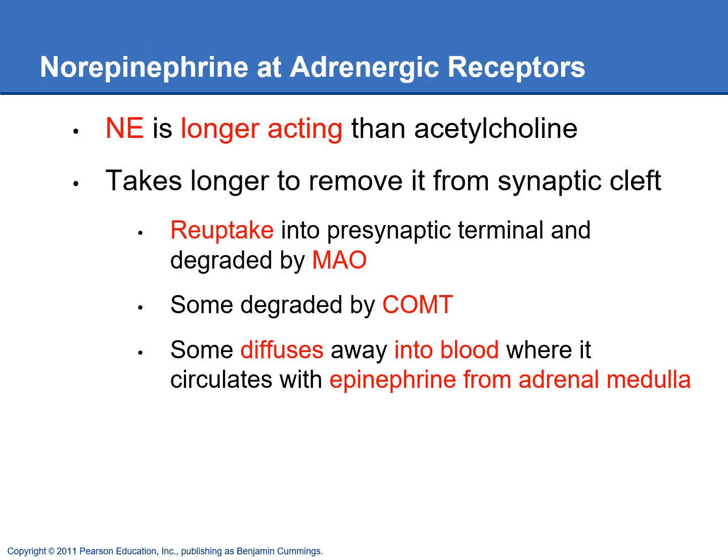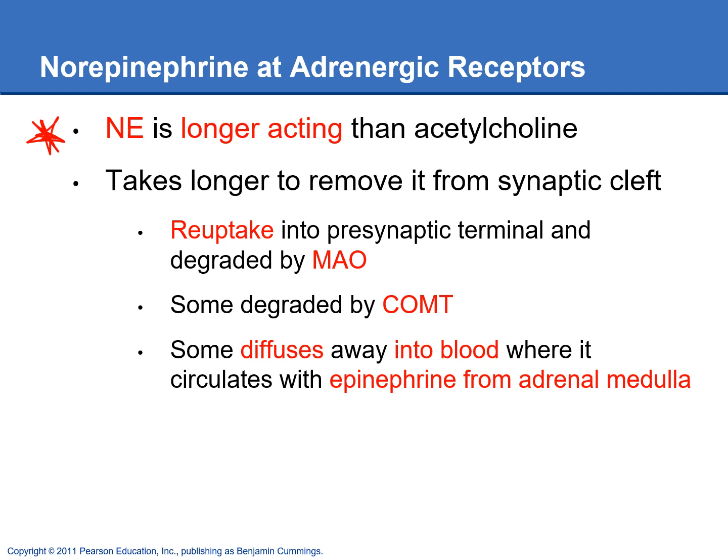All right, so one thing that is different from acetylcholine, the other neurotransmitter used by the autonomic nervous system, is that norepinephrine lasts longer than acetylcholine does. So it's going to take longer to get rid of norepinephrine at the synaptic cleft. And that's because we are going to reuptake norepinephrine into the presynaptic axon terminal there, and it'll get chewed up by the enzyme MAO.